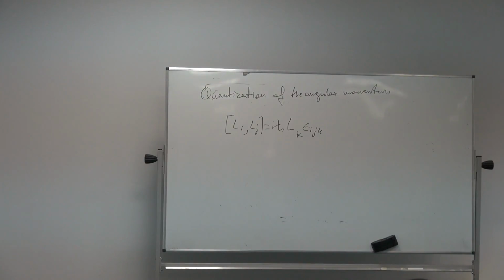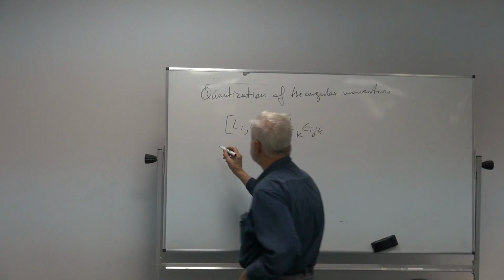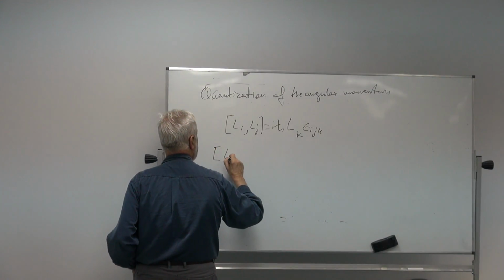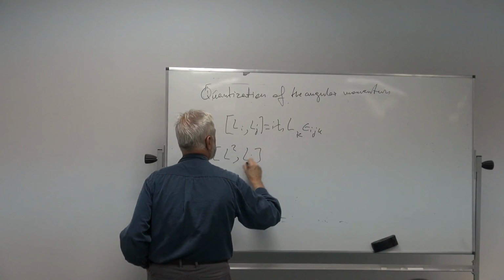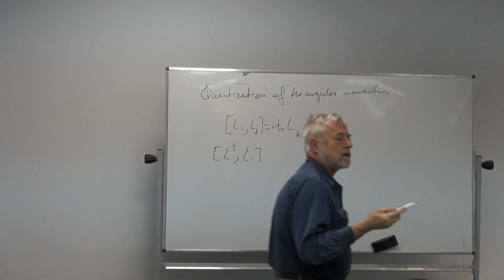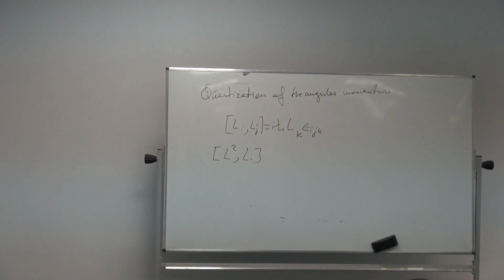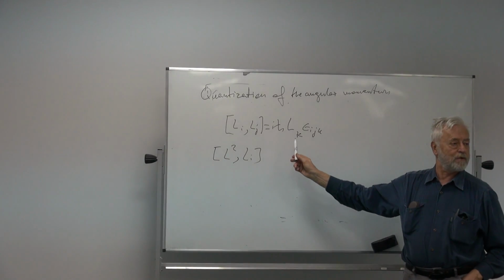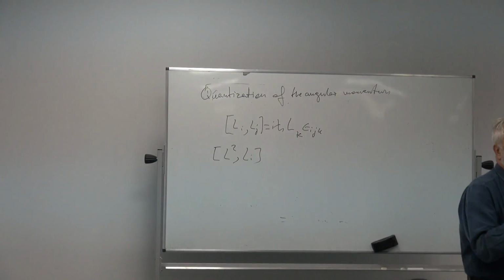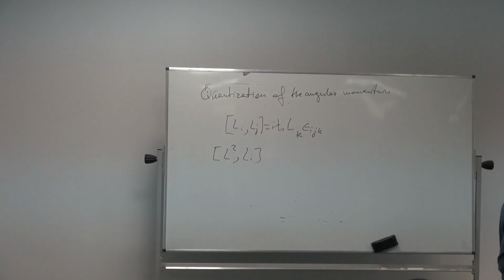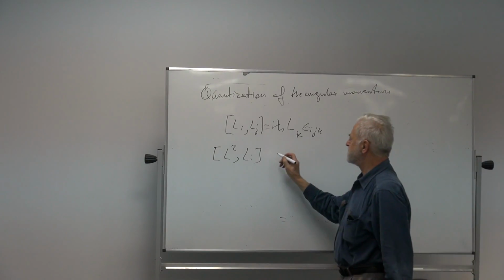However, out of this relation, one can easily check that the L squared commutes with every L_i. Again, you write L squared as L1 squared plus L2 squared plus L3 squared, yes? And those two that are not commuting, one of them is commuting, the one here, yes? The other two, you again use this magic CAB formula, you use the commutation relation, and you find out that this is equal to 0.